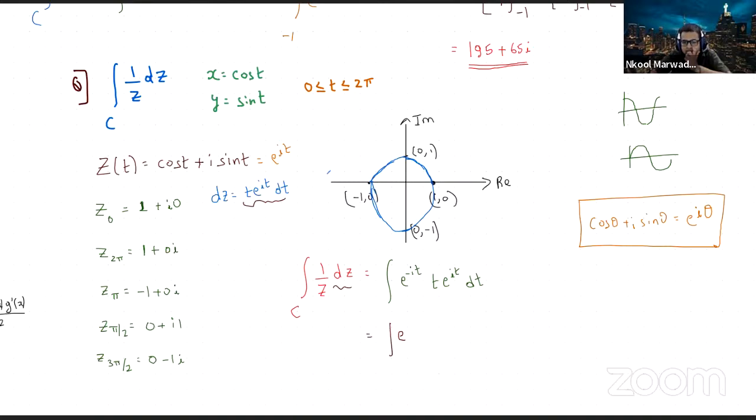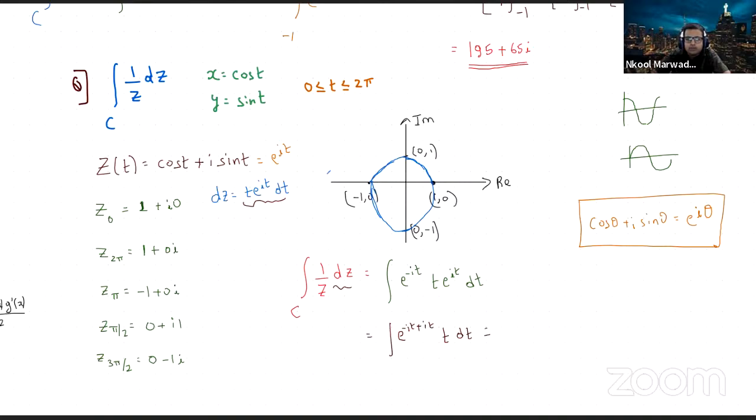Now whenever the base is the same, powers add up. Minus it plus it becomes e to the power of 0, and e to the power of 0 is 1.